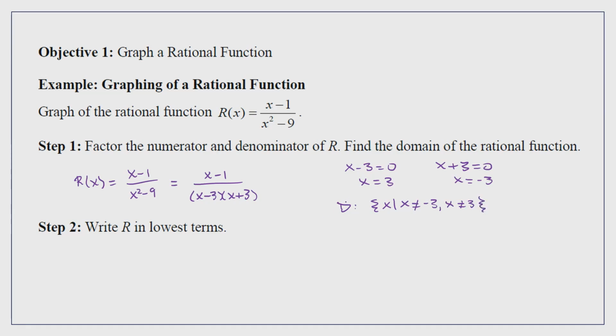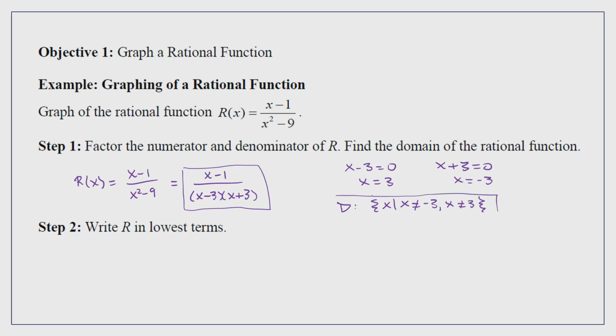Now we want to write r in lowest terms. Our factored form of r of x came out to be x minus 1 divided by x minus 3 times x plus 3.